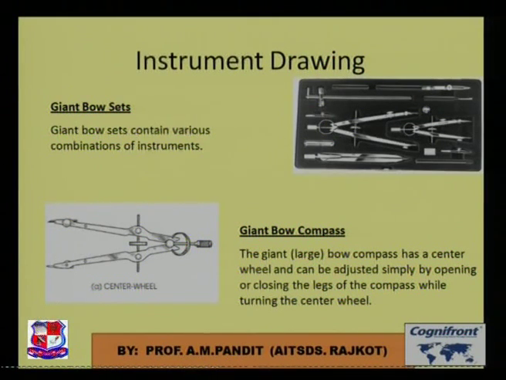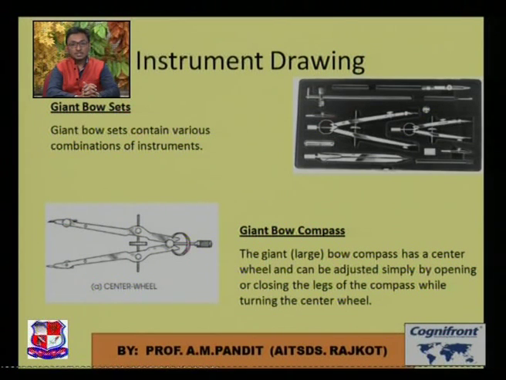The giant bow set contains various combinations of instruments. Basically, the giant bow set consists of various sorts of compasses for marking, for drawing arcs, for drawing internal arcs and for drawing external arcs. As I said, the major component is the giant bow compass. Using the giant bow compass, we can draw an arc from any center. It has a roller in the middle of it. We can adjust the radius or the diameter using this roller.